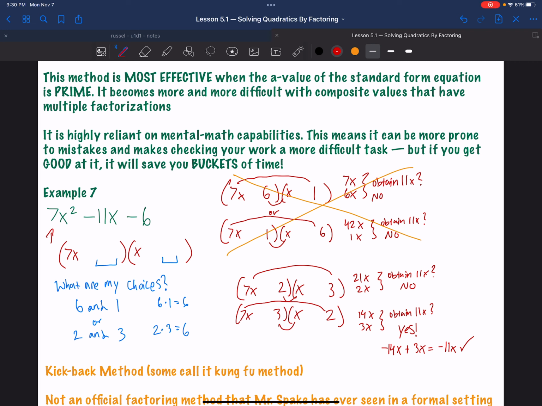So, how do I get negative 14? By making this a minus, right? Because 7 times negative 2 is negative 14, and positive 3 times x. So, therefore, this factors as 7x plus 3 and x minus 2.